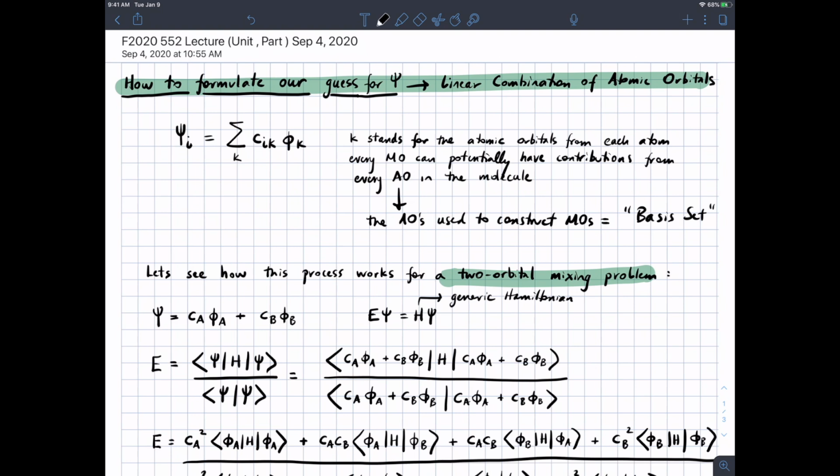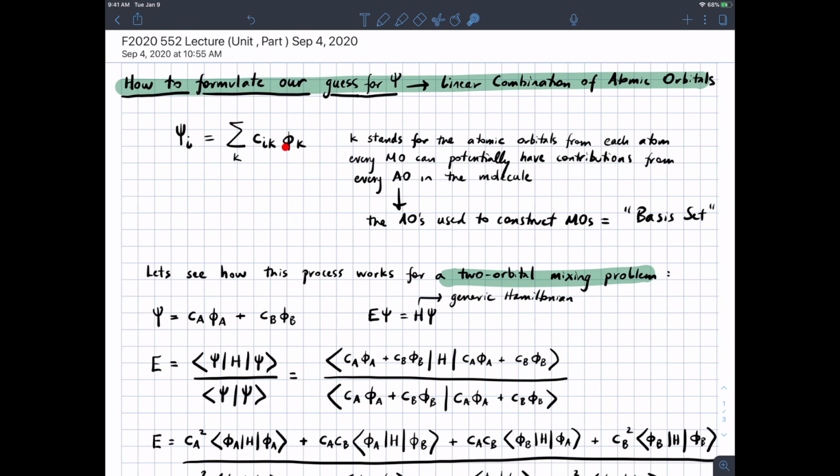All right. So we were talking last time about how to formulate our guess for the wave function in the Schrodinger equation. And we're going to do this by starting with an alphabet of atomic orbitals, phi sub k, where k is each atom in the molecule.